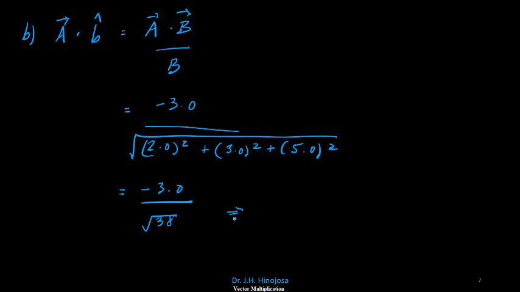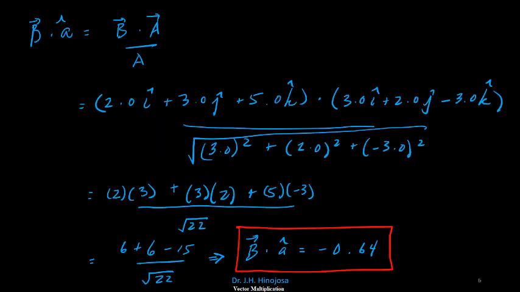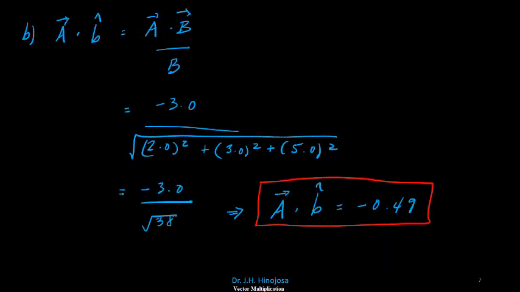So this gives us then that A dot B hat, or the component of A in the direction of B, is minus 0.49. Again, to two significant figures. And again, we see that this is a negative value. So what we had for the component of B in the direction of A, minus 0.64, the component of A in the direction of B is minus 0.49.